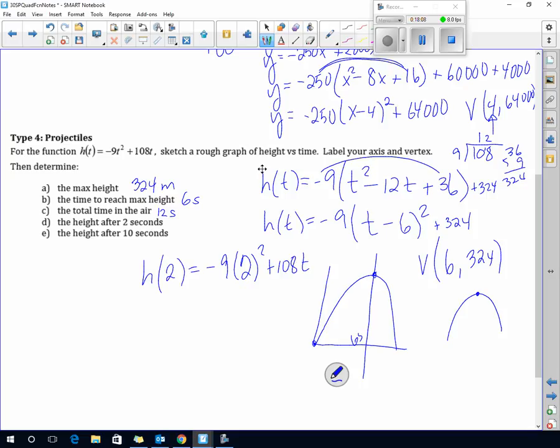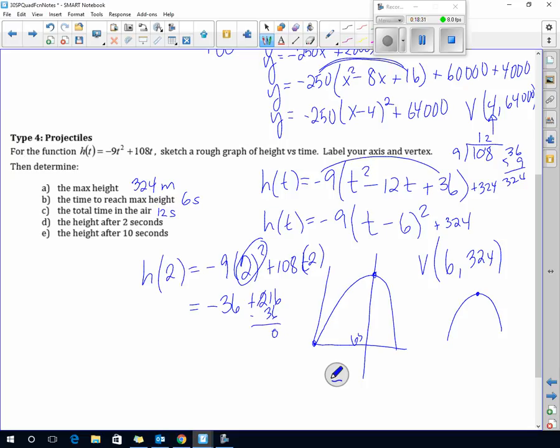Oh, I forgot to put a 2 here, sorry. And then 108 times 2 is plus 216. So what is minus 36 plus 216? So that's just subtracting, right? So you get 180. So it would be 180 meters.